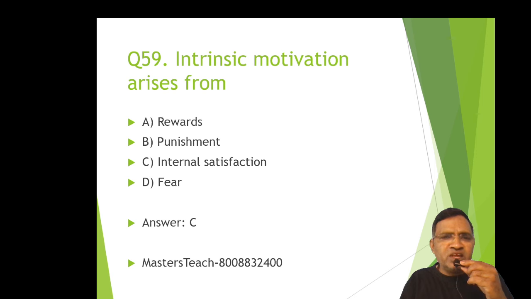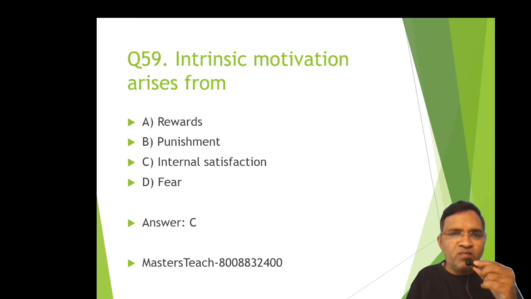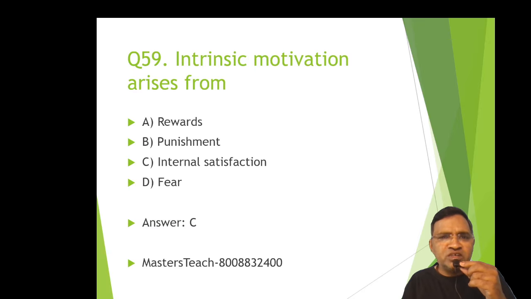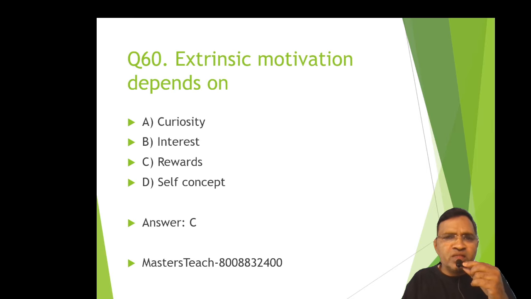Then 59. Intrinsic motivation arises from A. Rewards, B. Punishment, C. Internal satisfaction, D. Fear. The intrinsic motivation arises from internal satisfaction. Answer C. Extrinsic motivation depends on A. Curiosity, B. Interest, C. Rewards, D. Self-concept.